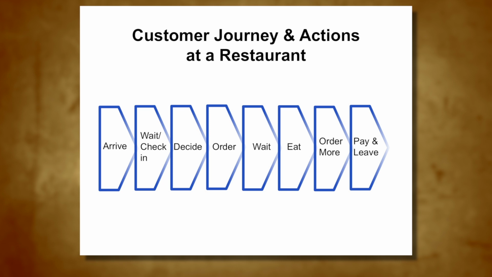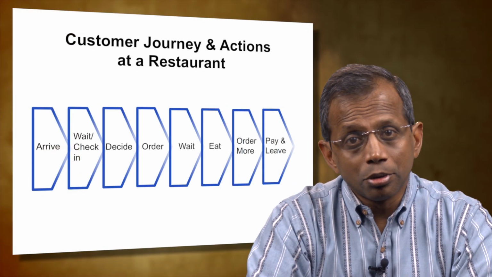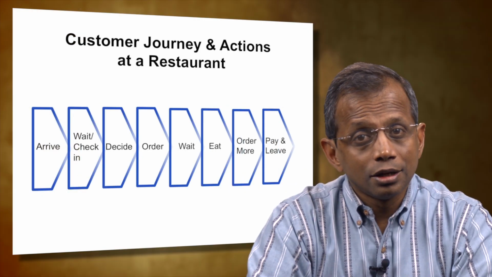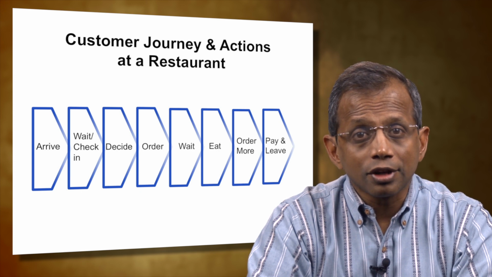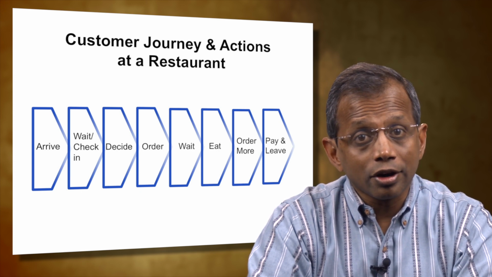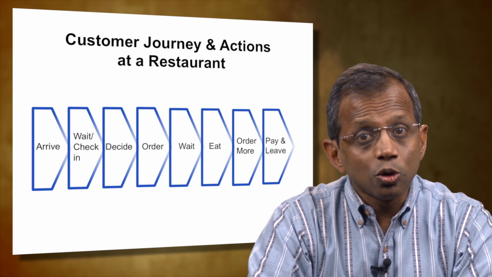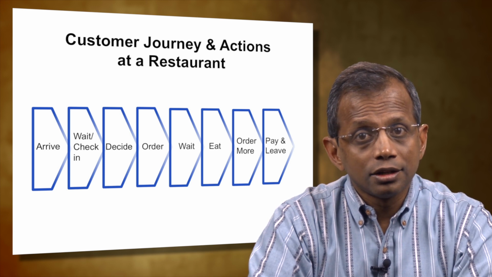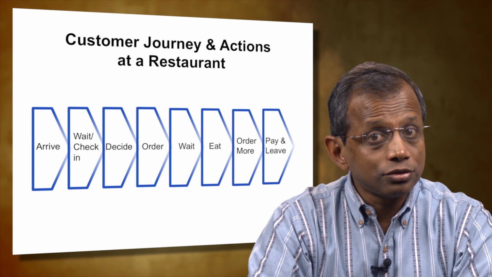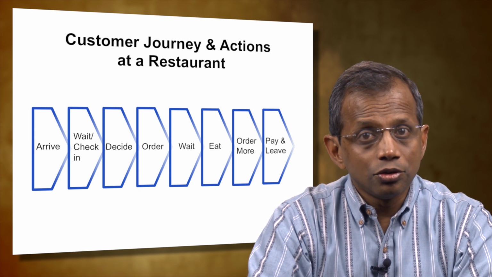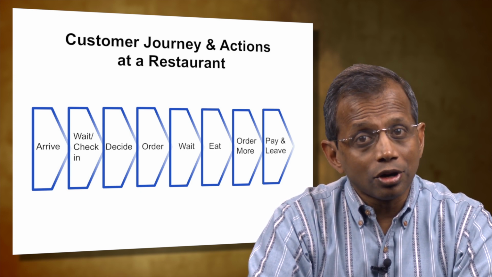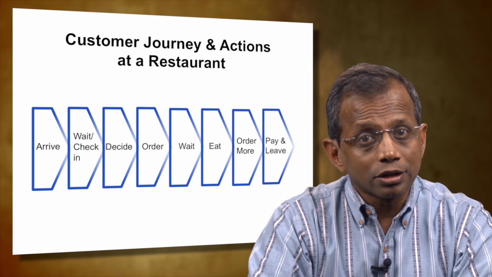Consider your visit as a customer to your favorite eatery restaurant, be it a burrito place, a pizzeria, or even a fancy restaurant. Your journey as a customer entails several steps, starting with your arrival at the eatery. Then you wait to be checked in and seated. Then you might order drinks, appetizers. You then decide what entree to order and wait to place an order.